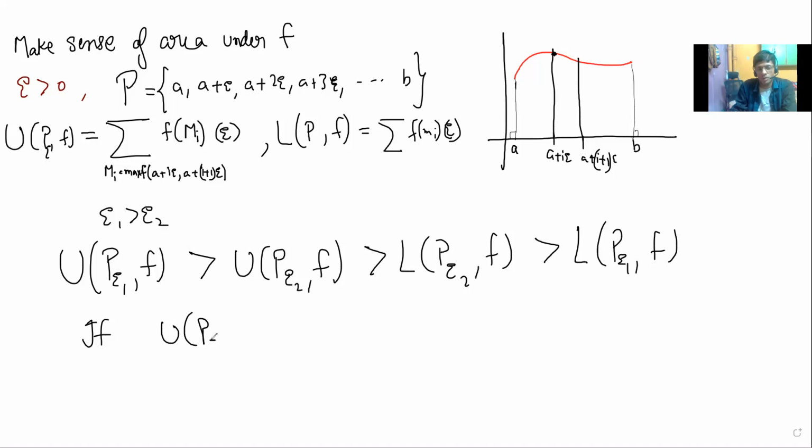Okay, so obviously we say that if U of P epsilon f, the limit of this, if the upper sums converge to the same place as the lower sums, then we say that it has an area. Otherwise, we will not want to say that the region has an area.